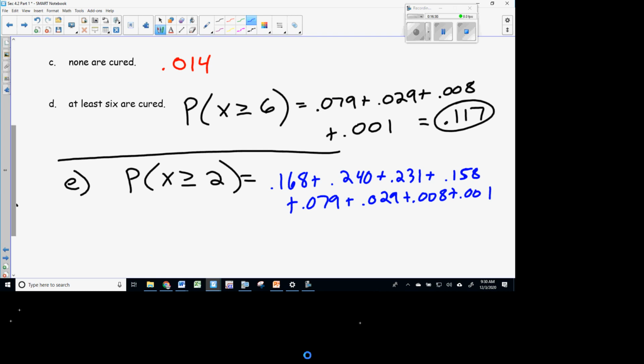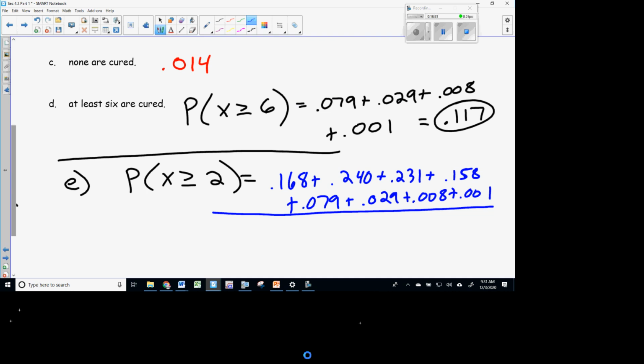Is there an easier way to do that? Subtract from what? So what are you thinking? You're on the right track, you're exactly right. Subtract this from 1?